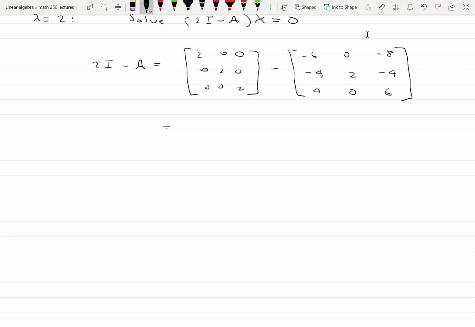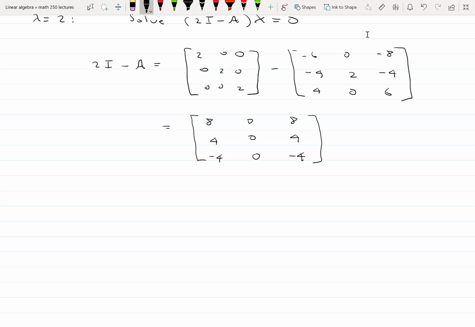When we subtract these two matrices, what do we get? 8, 4, negative 4, and 0, 0, 0, and 8, 4, negative 4. Okay, I'm literally checking every computation twice here to make sure this is okay, because I don't want to edit a video.